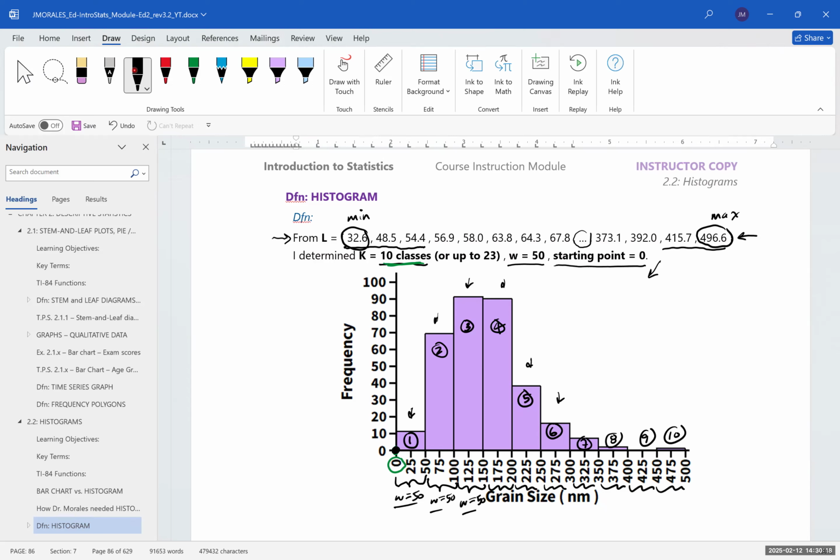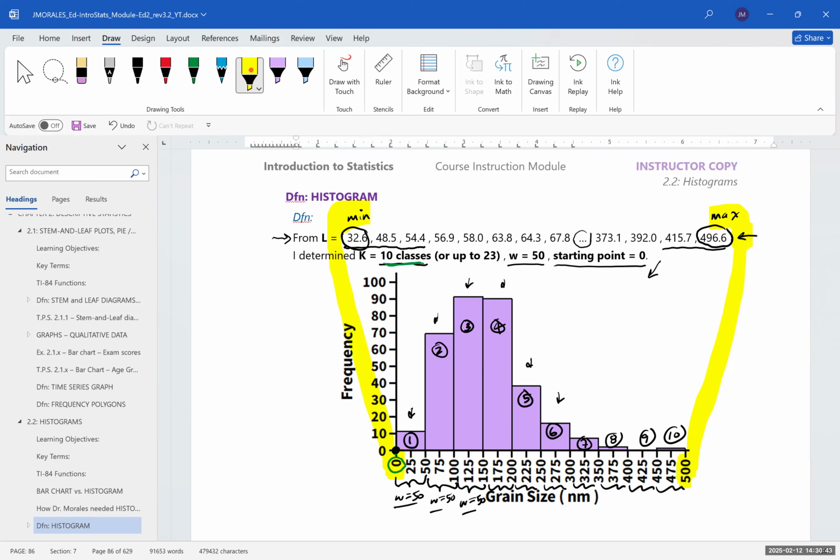What do I mean by the full range of your data? Notice that the maximum number here on our histogram, 500, is just a little bit larger than our maximum value, which was 496.6. And this value of 0 on the left-hand side of our histogram is lower than our minimum value.